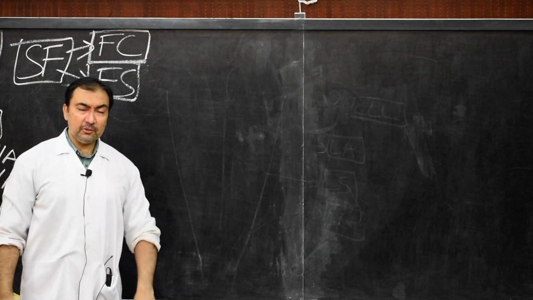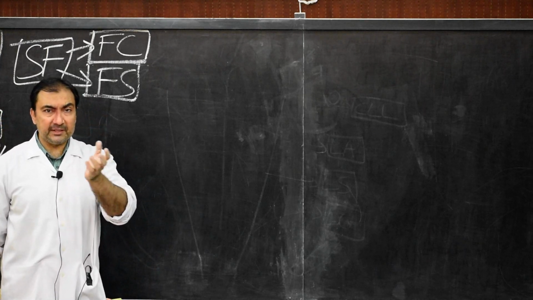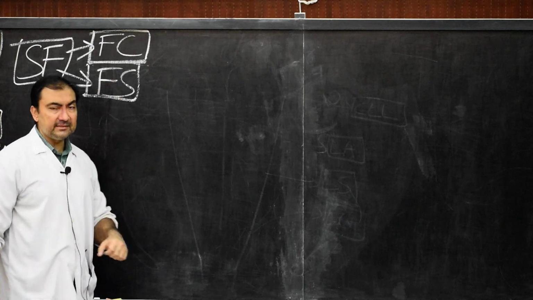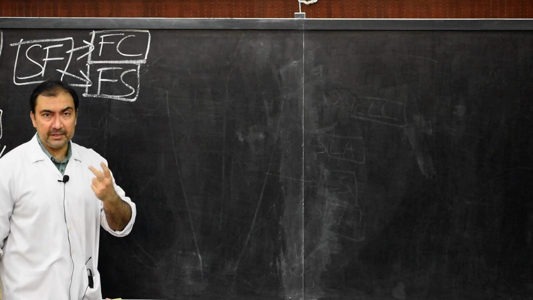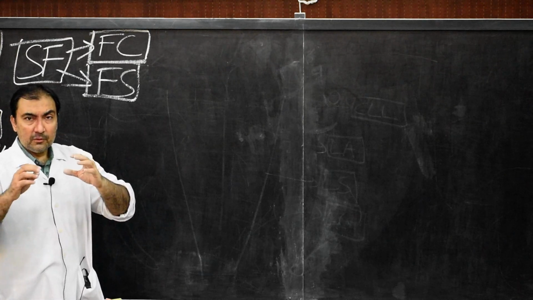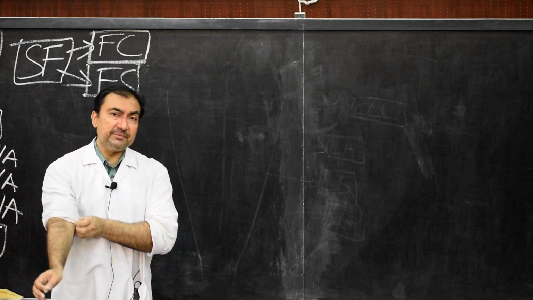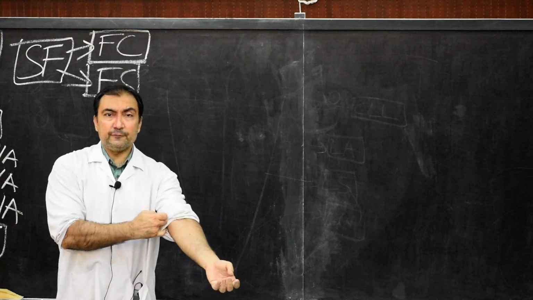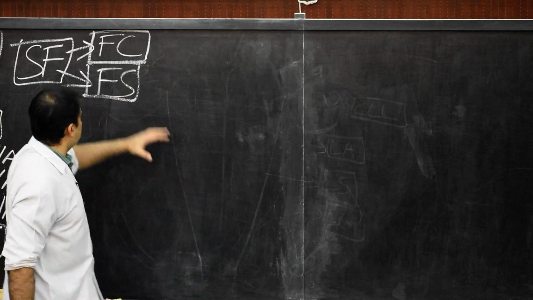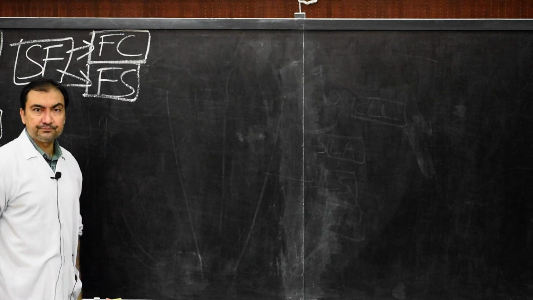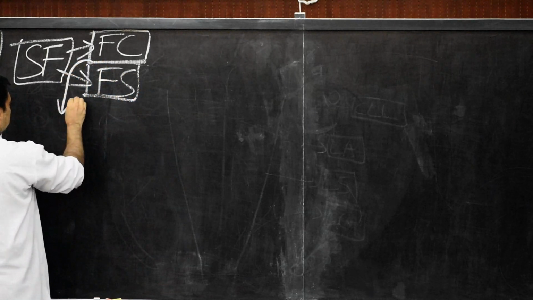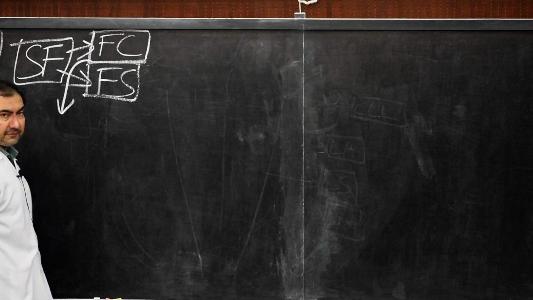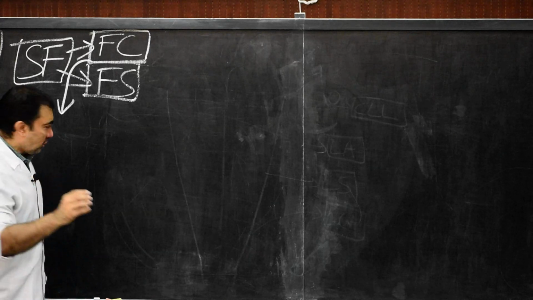Now, as I already told you, fascia of Camper is the subcutaneous fatty layer and the fascia of Scarpa is the deep membranous layer. These two sentences are very important. Now, again a one mark question or MCQ. What are the structures that are found in between fascia of Camper and fascia of Scarpa? Note them down.